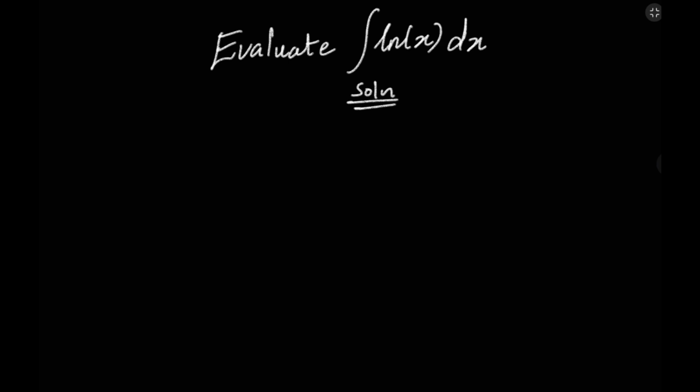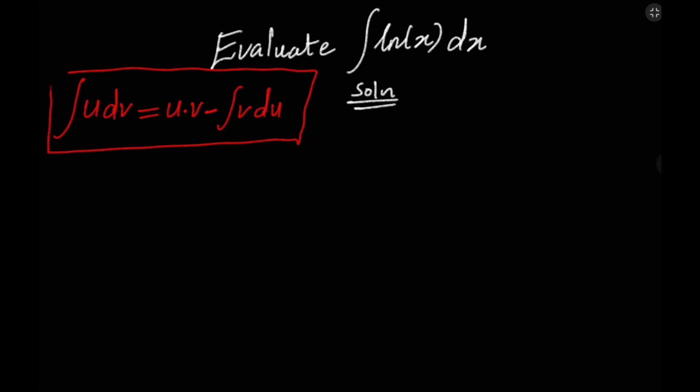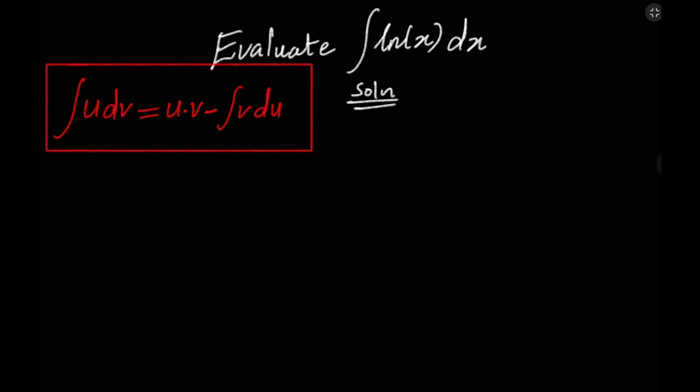If you have the integral of u dv, this is equal to u multiplied by v, minus the integral of v du. This is the formula we call by parts. This is what we are going to use to find the integral of ln x.